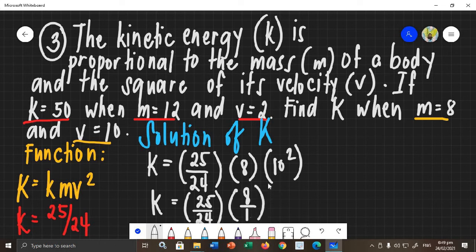And then, multiply nyo numerators times numerators, and then denominators times denominators, and simplify. So, 10 squared is equal to 100. Yes, 100 over 1. So, 25 times 8 times 100, that is equal to 20,000.